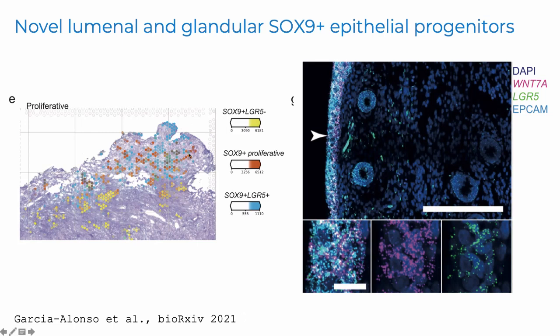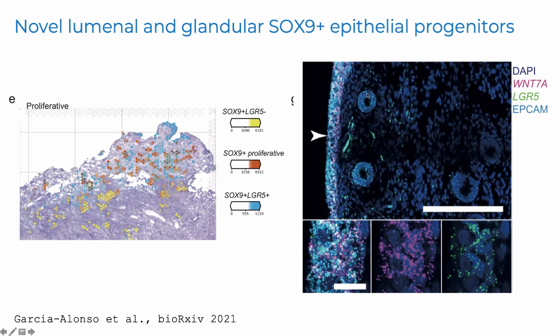And what we can nicely see is that the LGR5 positive populations are on the lumen, while the LGR5 negative populations are in the basal layer, and we suspect that these luminal ones are giving rise to the populations in the lumen, while these ones will be more the ones in the glands. And we have also validated this using high-resolution microscopy.